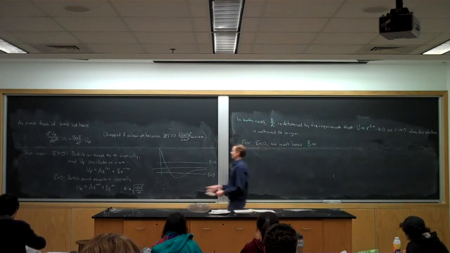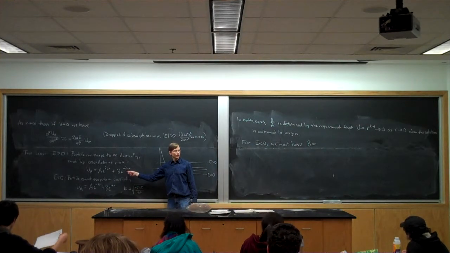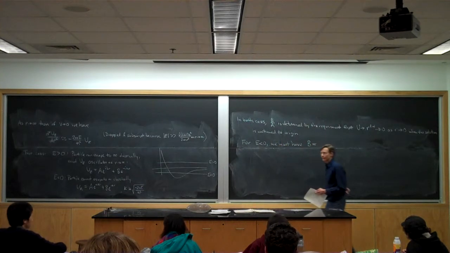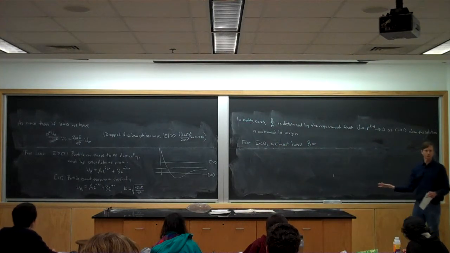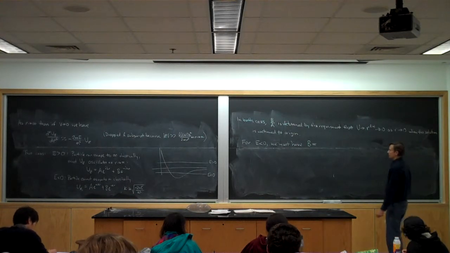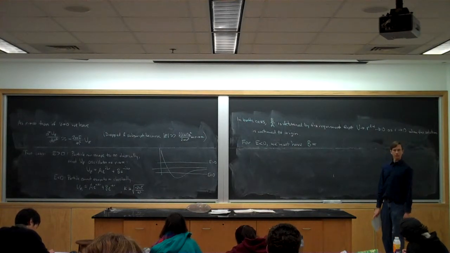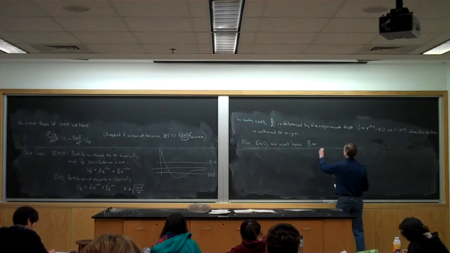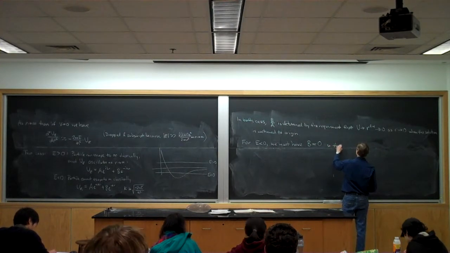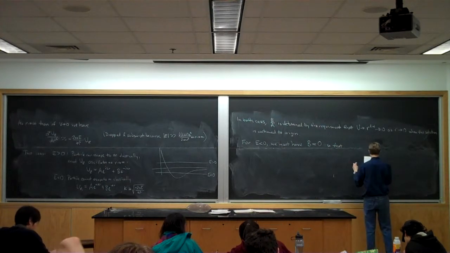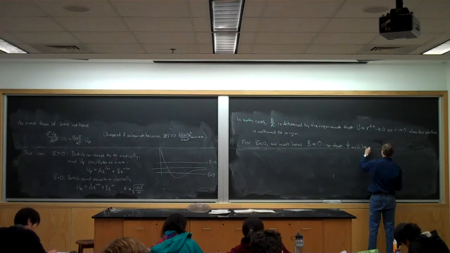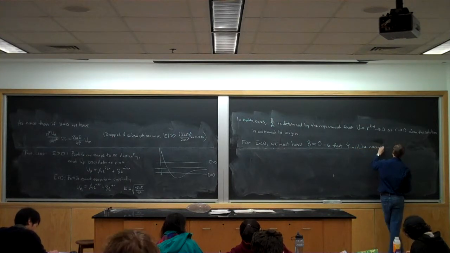For energies greater than 0, these things just wiggle, so we don't worry so much about that normalization business, just like in one dimension before. We can look at those as scattering solutions. But if we want bound state solutions, we need a normalizable wave function, not one that blows up. We need B equal to 0 so that psi will be normalizable.